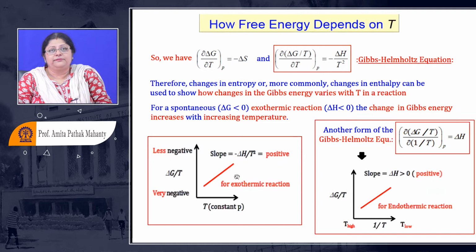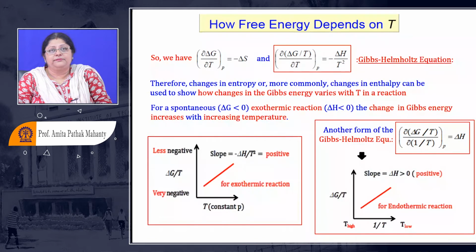Will it be an increasing slope like this, or have I drawn it wrong because I have a minus sign? It is correct because it is an exothermic reaction, so delta H will be negative.